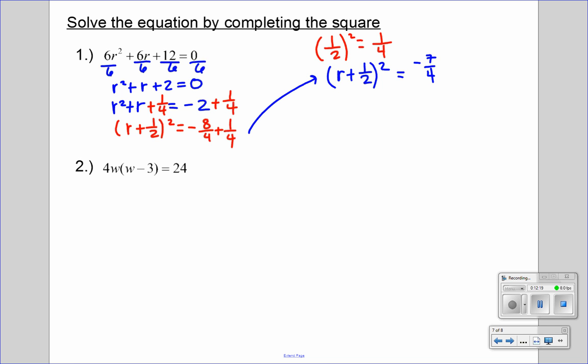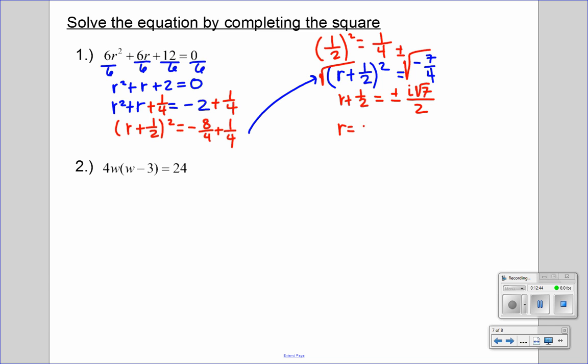Okay, we do have a negative, but that's okay because we can use our imaginary numbers. Now we can square root both sides. So we now have r plus 1/2 equals plus or minus i square root of 7 over 2. Okay, because the square root of negative 7 is i square root of 7, and the square root of 4 is 2. Now we move our 1/2 over.